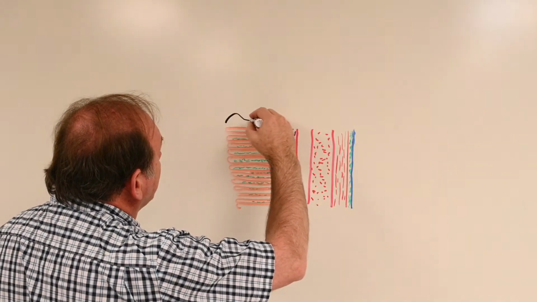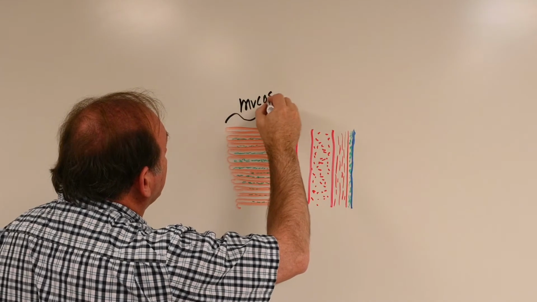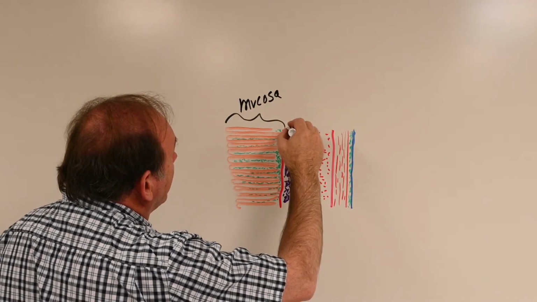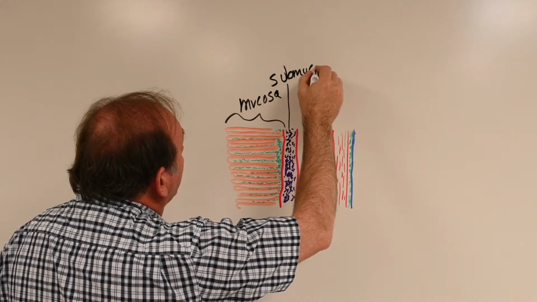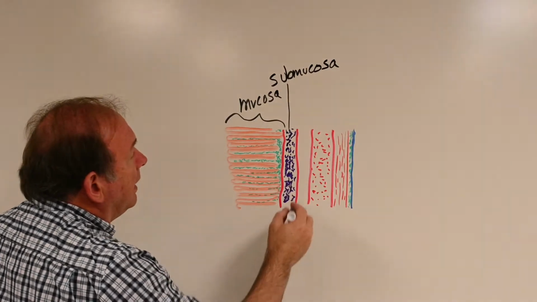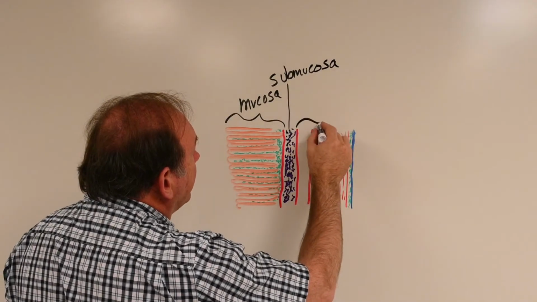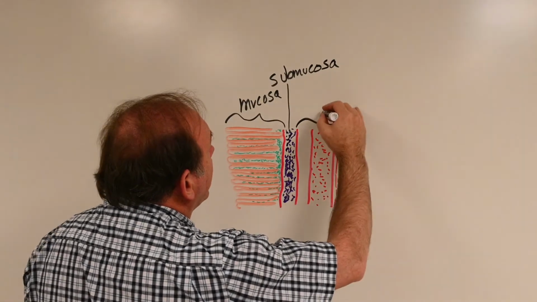So let me label this first of all. This is the mucosa from here to here. The next zone right there is submucosa. In the purple. Then we have the muscularis externa with three zones in there, oblique, circular, and longitudinal.